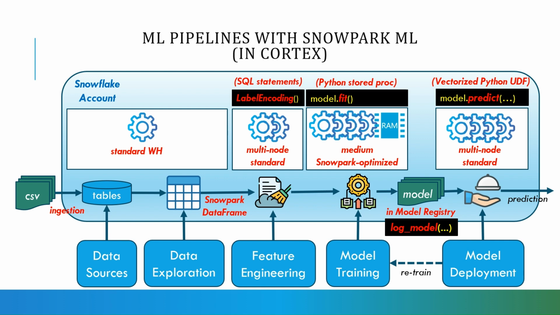At the MLOps level, for the model, they provided a repository, the so-called model registry. So you can call log model and basically save a model and register it here. The model itself right now became an SQL object that you can use directly, or you can call predict on this model. For predict, just like before, you can use vectorized Python UDFs on multi-node standard warehouses.